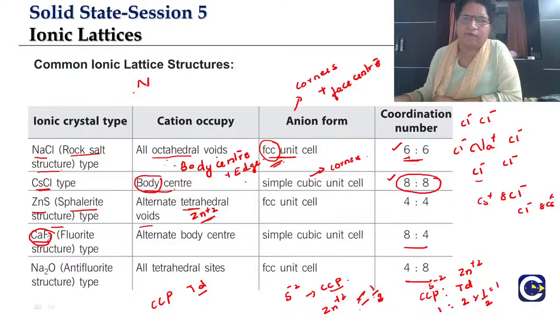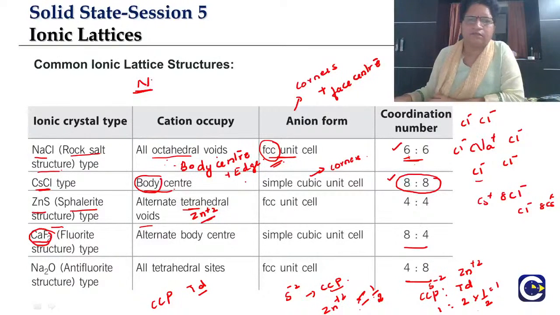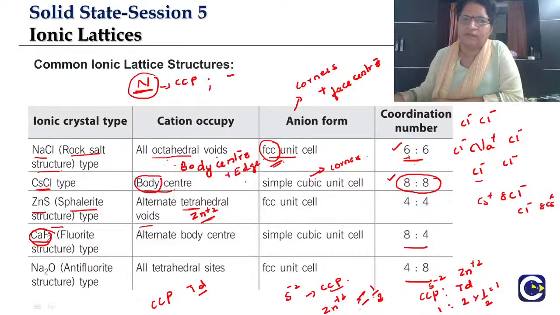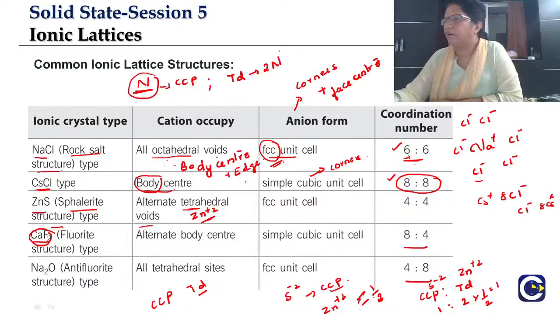If n number of closed packed structures are formed, the number of tetrahedral voids that will be formed in a crystal lattice will be 2n. So the number of tetrahedral voids we have, that's what I'm telling you.